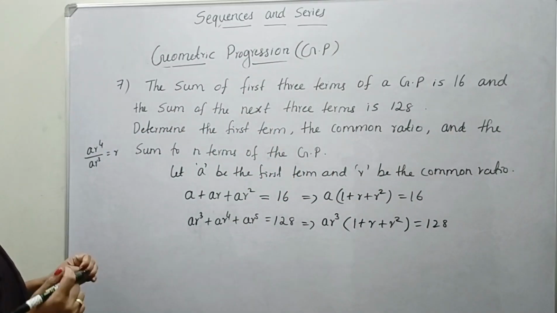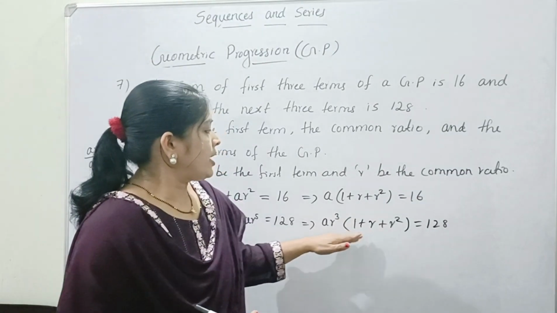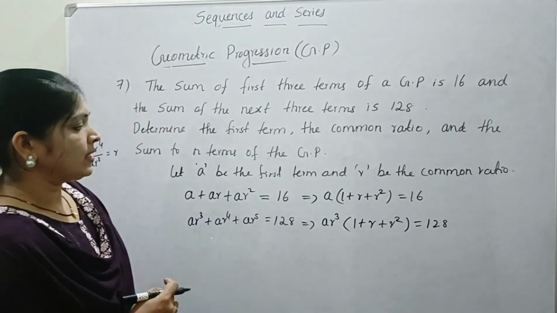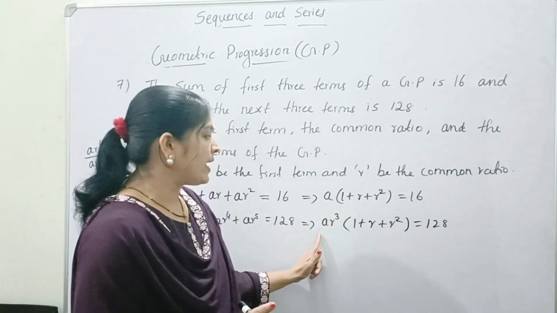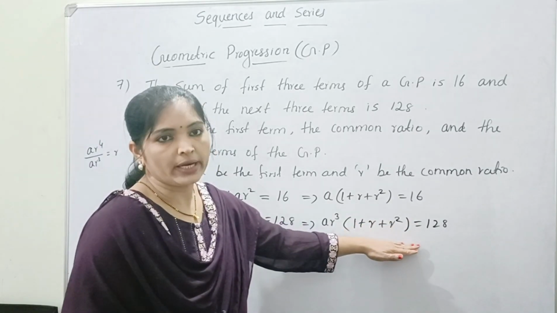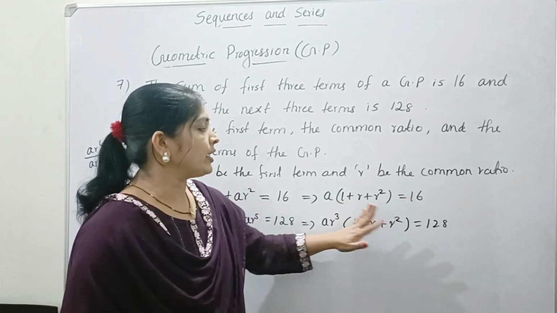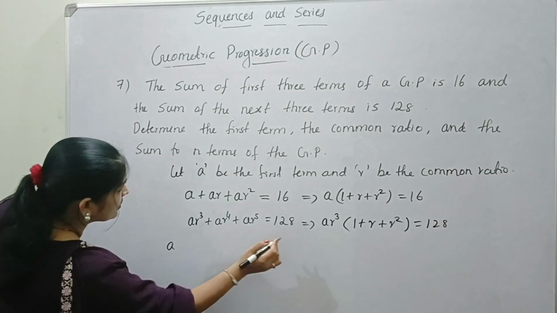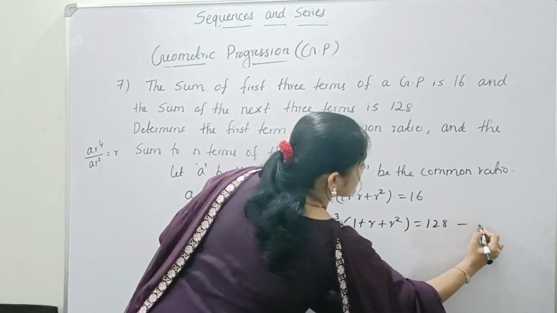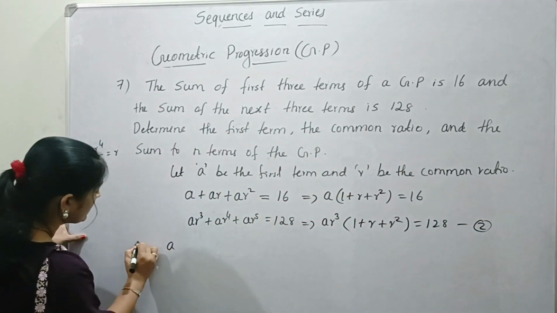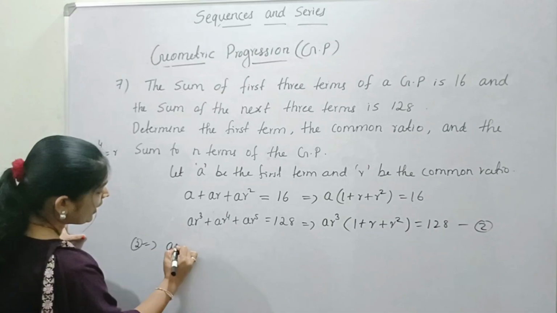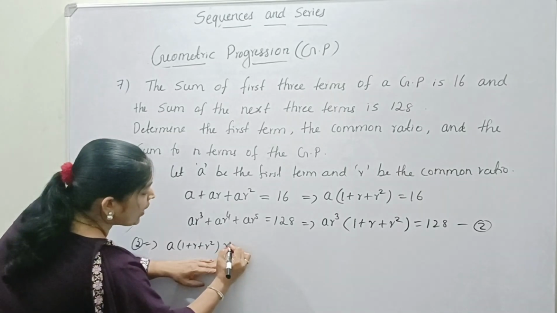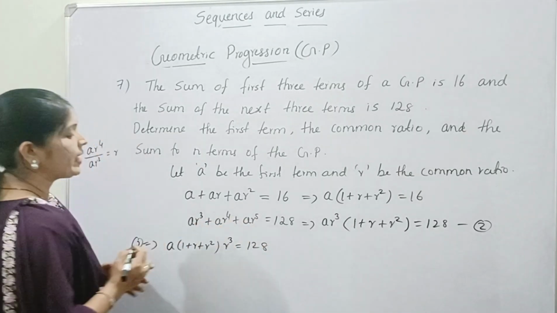Now here, a into 1 plus r plus r square is equal to 16. The same term appears in the second equation, so we can substitute. The second equation can be written as a into 1 plus r plus r square, into r cube, is equal to 128.